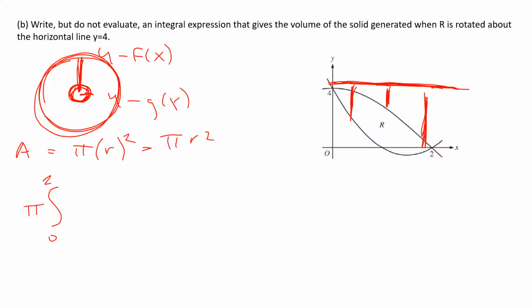I'm going to pull the pi out, so pi times the integral of 4 minus f of x squared minus 4 minus g of x squared dx. Do I have to substitute in what f of x and g of x is? Probably. Mr. Duham, just pretend that I actually did that because I'm lazy, like I said.